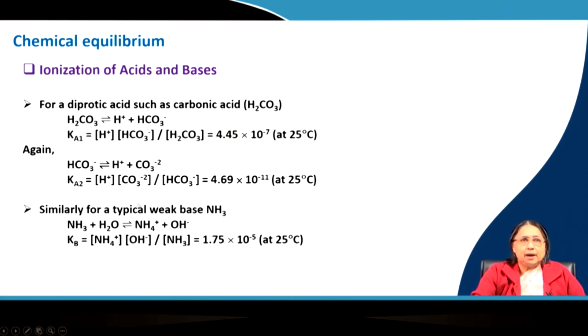Now, for ammonia, which is a typical weak base, similarly we can write ammonia plus water gives ammonium ion plus OH minus ion, and in this case we write Kb, which is ammonium ion concentration into OH minus ion concentration by ammonia concentration, which is 1.75 into 10 to the minus 5, and pKb is minus log of Kb. So, we can easily get it from this value.